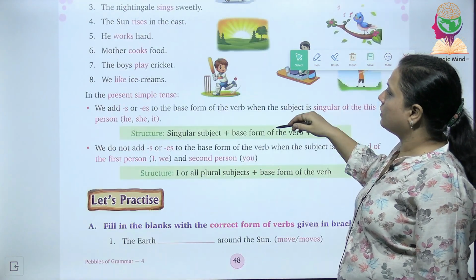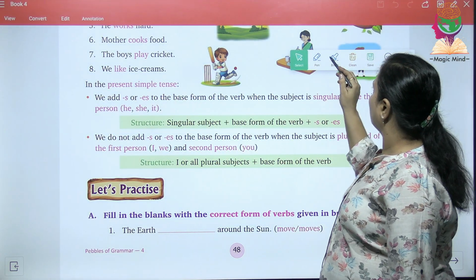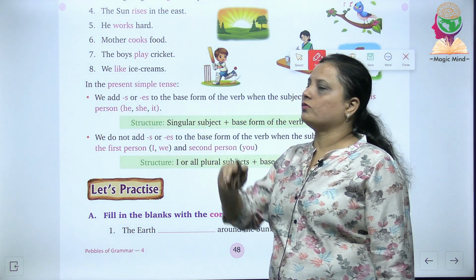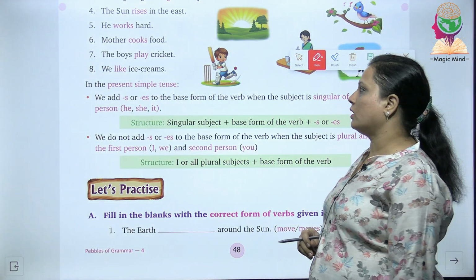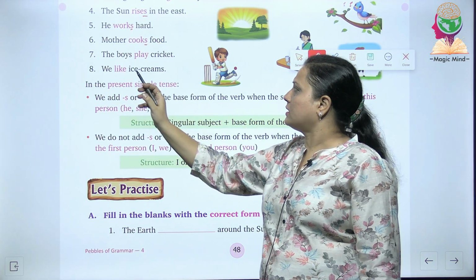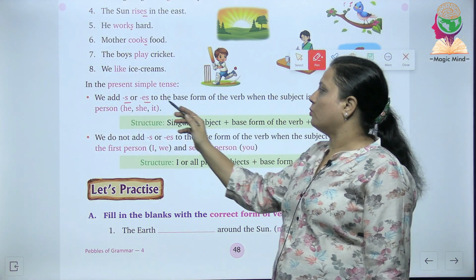Now, what they are talking about is, in present simple tense, what is simple present tense? We are using the first form of the verb, or you can say the base form of the verb. Along with them, we add at certain places S and ES to the base form of the verb.